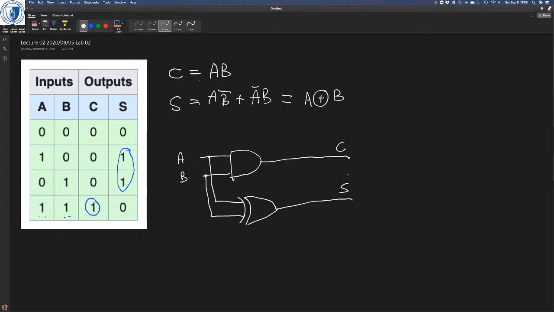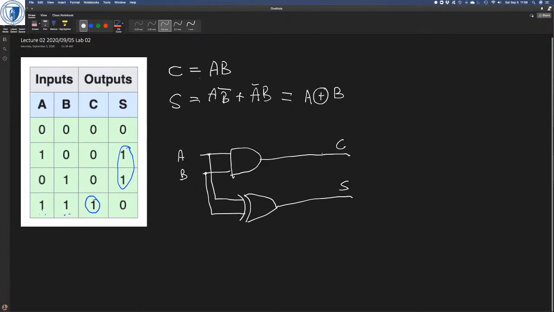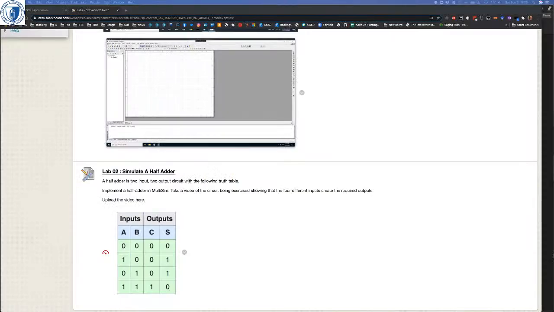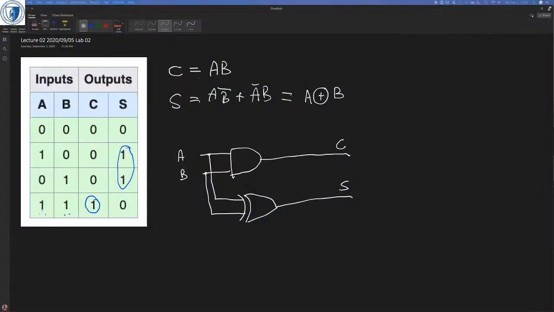Okay, so that's effectively the circuit we want to do in Multisim. So I suggest if you have access to Multisim that you fire it up and try to put these things in there. I've forgotten the standard AND gates. So 74, let me just kill that screen and move that one back here.